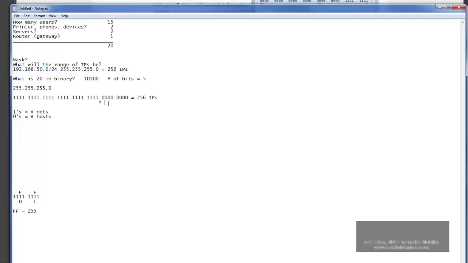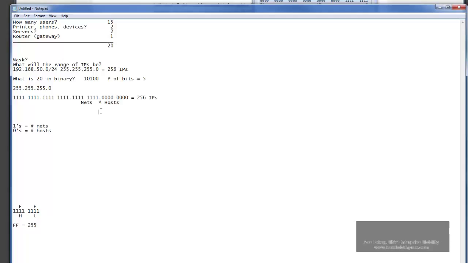So this side is the networks, and this, I'm sorry, that's incorrect. This side is hosts, and this side is the nets here. So what we want to do is move this caret over here.